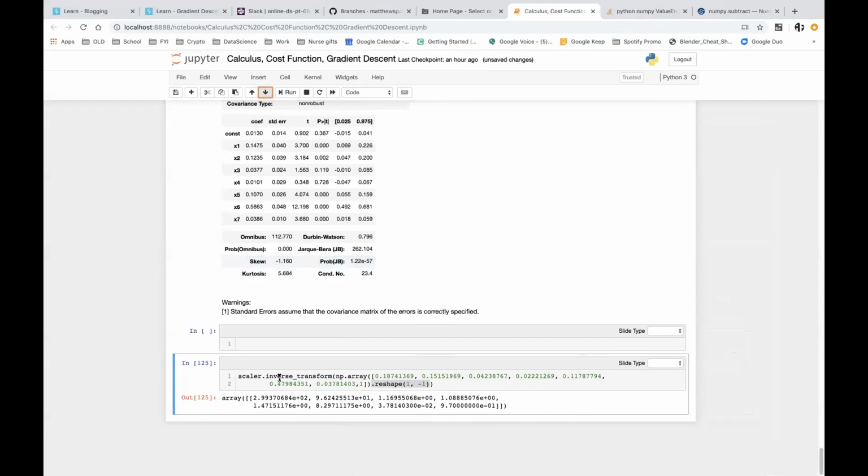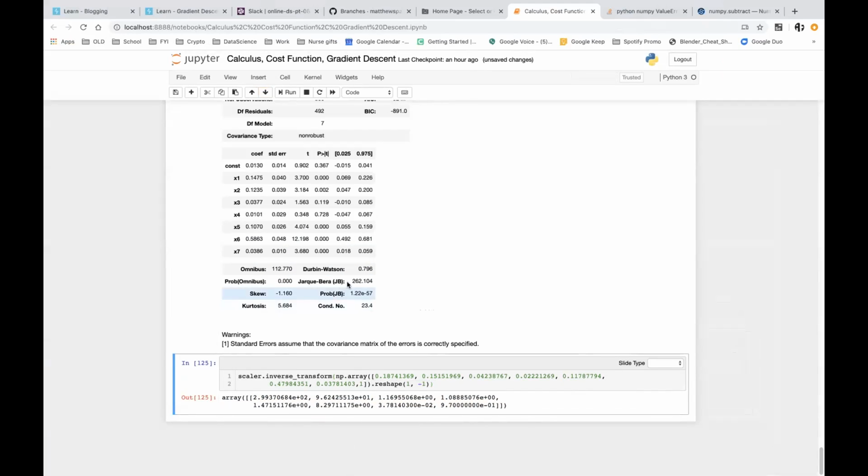All right, so what I did was use the same scaler, but use the inverse transform. And I just passed in the coefficients that I got above into an array and did the reshape for 1 and -1. And it shot out these values here. And you had to add a 1 at the end, right?